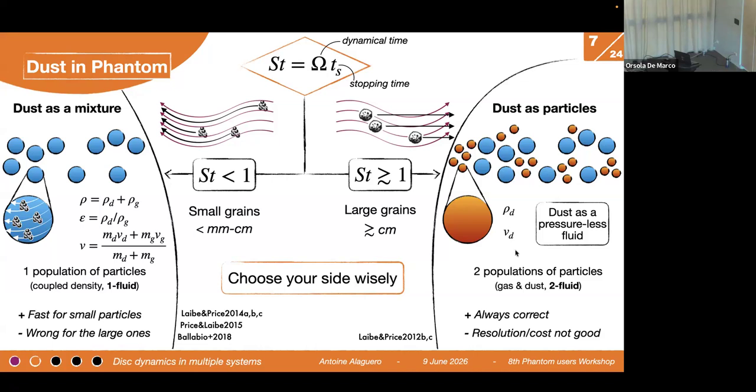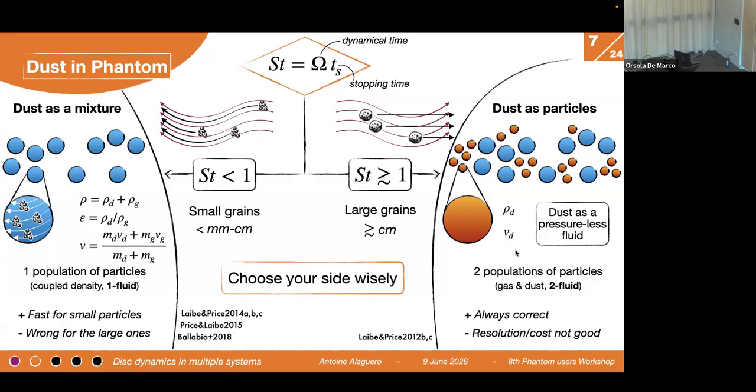And this is very good because it always works. But when your stopping time is going really low, if you have very small grains, basically you will need a very small time step in order to resolve that stopping time and the interaction between gas and dust. And so your simulations will end up taking ages.